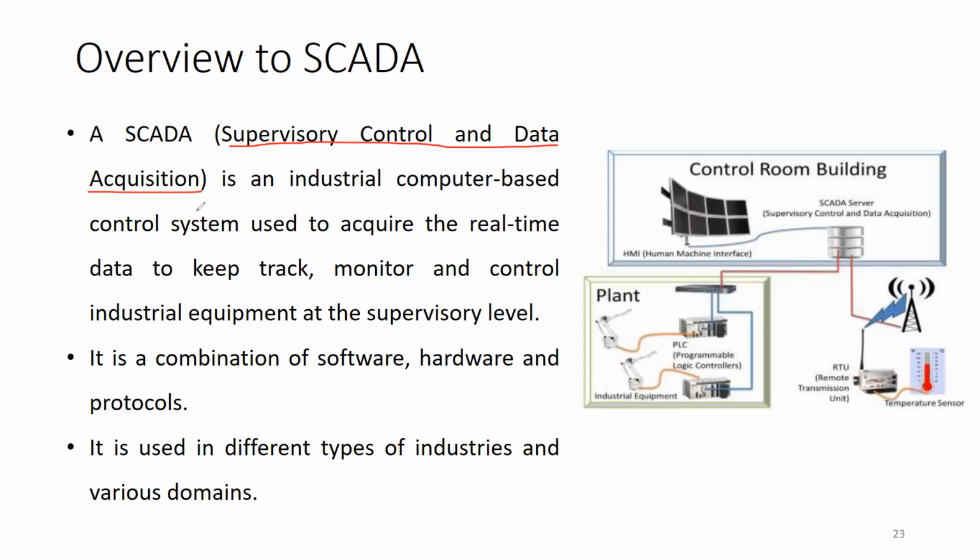Supervisory control means checking all the automatic control systems which are combined to each other to check whether they are working in a proper manner or not, and whatever targets you have set, whether they are completing those targets or lacking in it. If there is some failure occurring, some machine has come to a halt due to some technical fault.